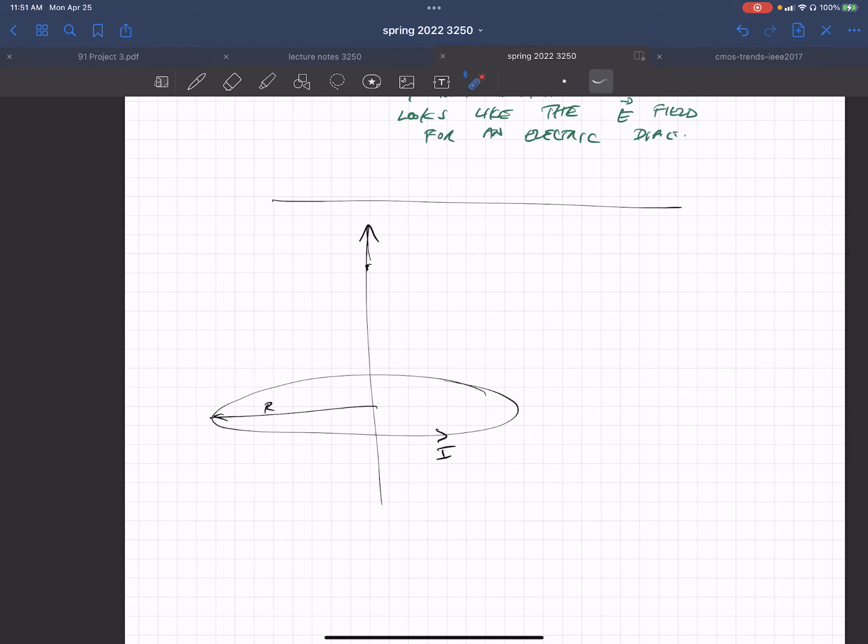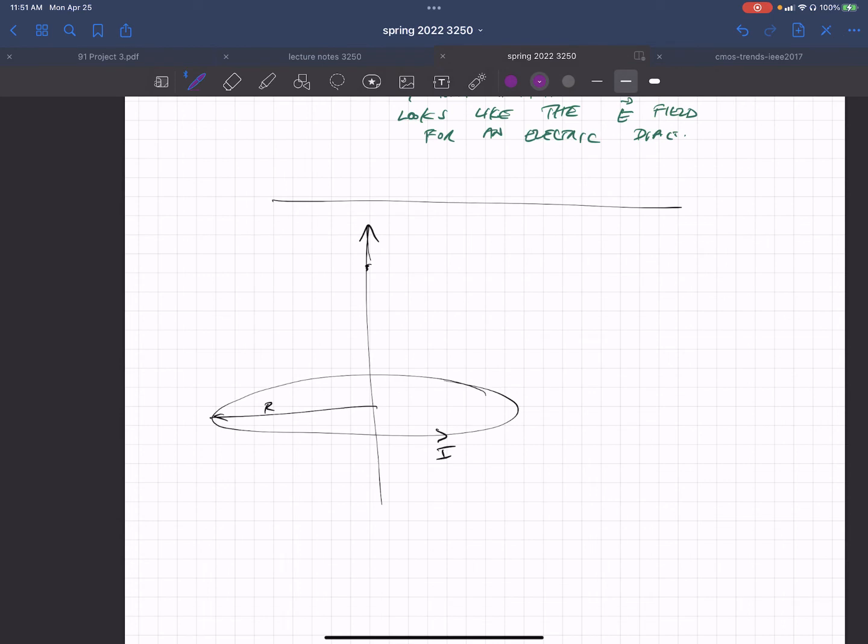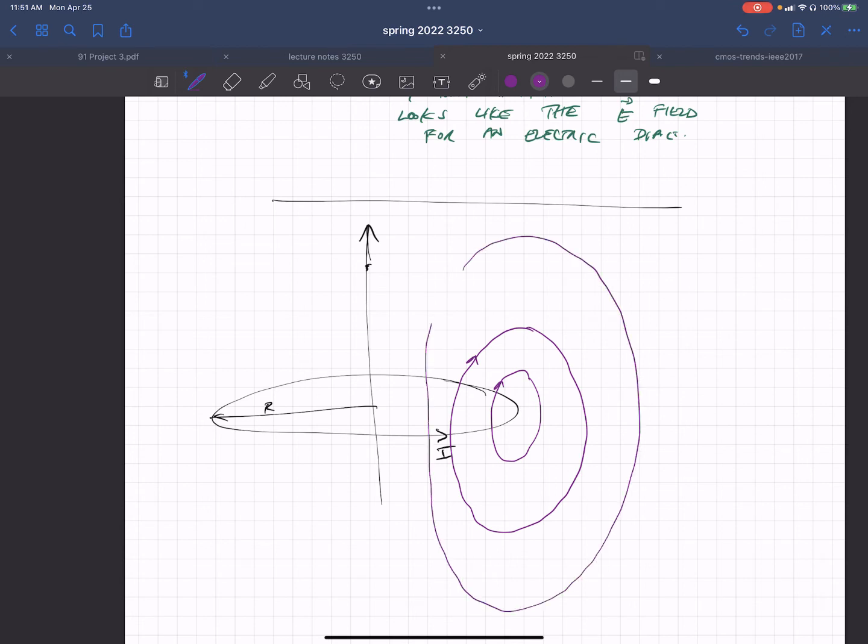But if you did calculate it, then you would end up with something that looks very similar to these magnetic field lines of a magnetic dipole. And it looks kind of the same around here.